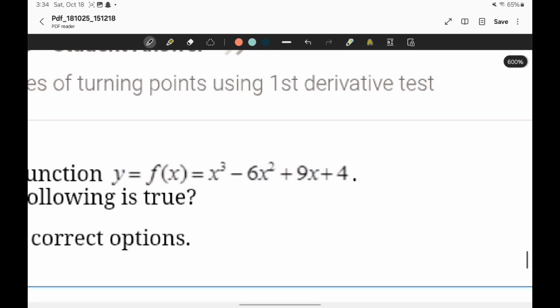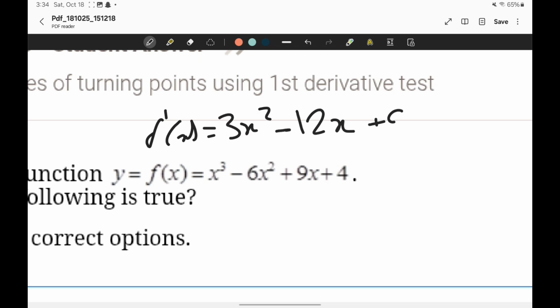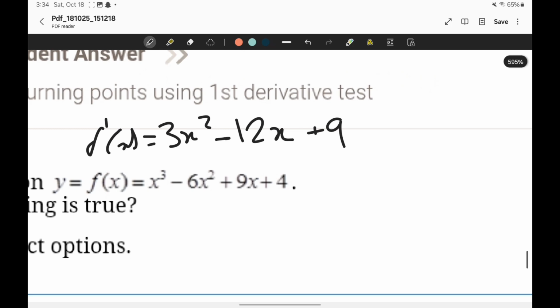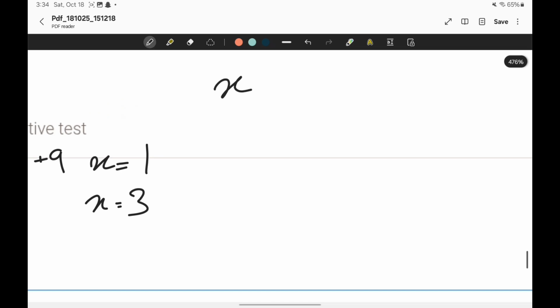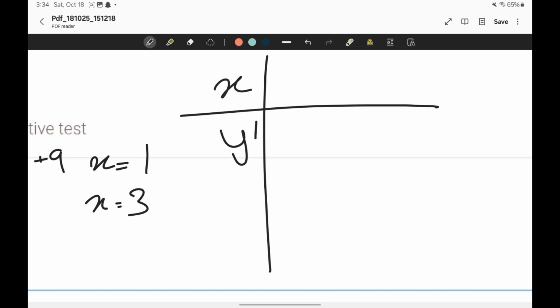First thing we do is derive. So f prime of x is 3x squared minus 12x plus 9. We said that the roots are x is 1 and x is 3. We'll construct the table. This 1, 3, this gives you 0, this gives you 0. Test a point here, it's positive. Test a point here, it's negative.